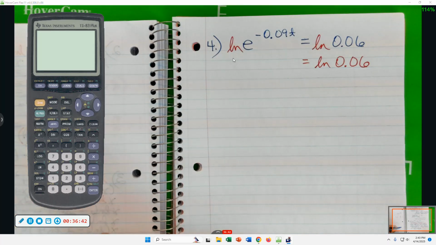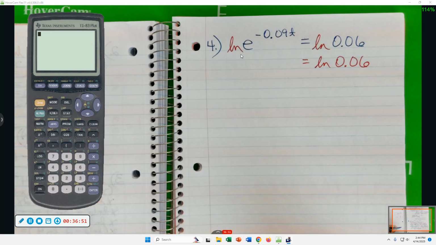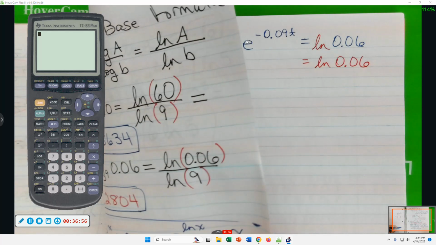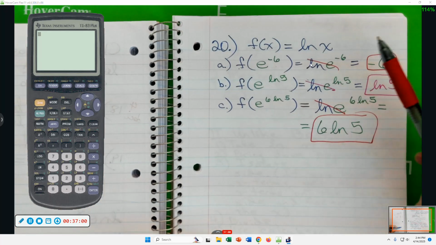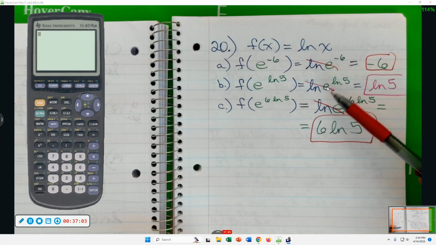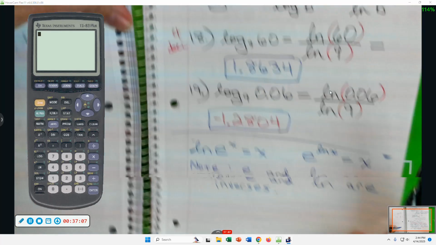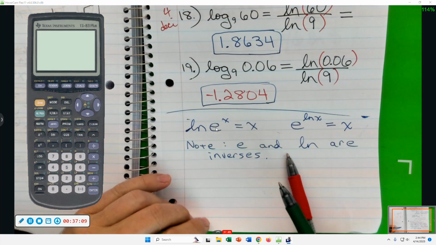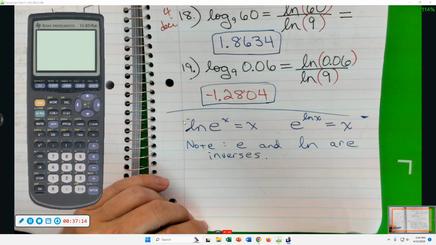You'll have to remember the last problem we did in class on Monday. What happens when the ln and e are side by side like that? We said ln and e are inverse functions, and when they're performed consecutively, what happens?